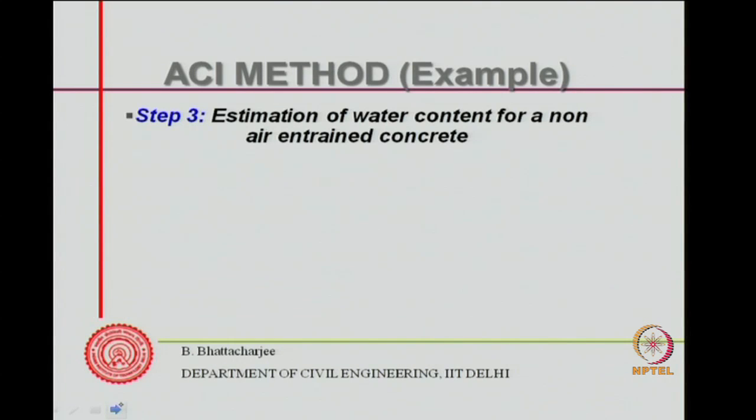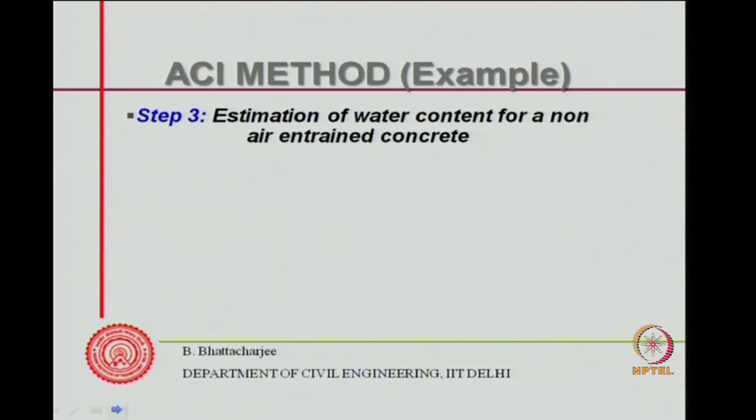So, the first step would have been step 3 in the code, but we are considering it as step 1. From the table, for non-air entrained concrete, we have to estimate the water content.